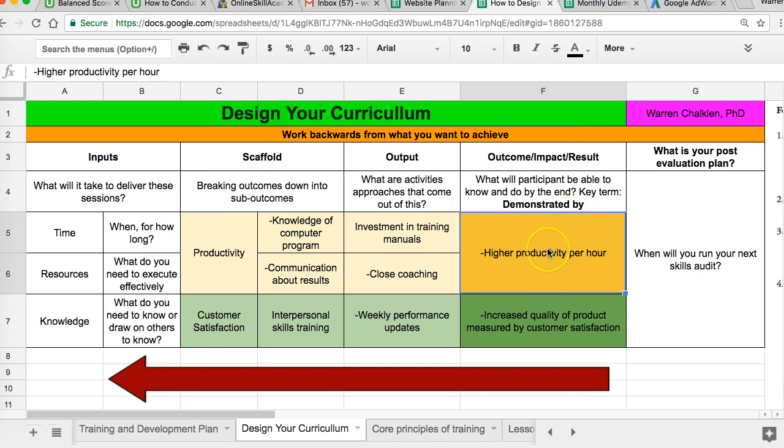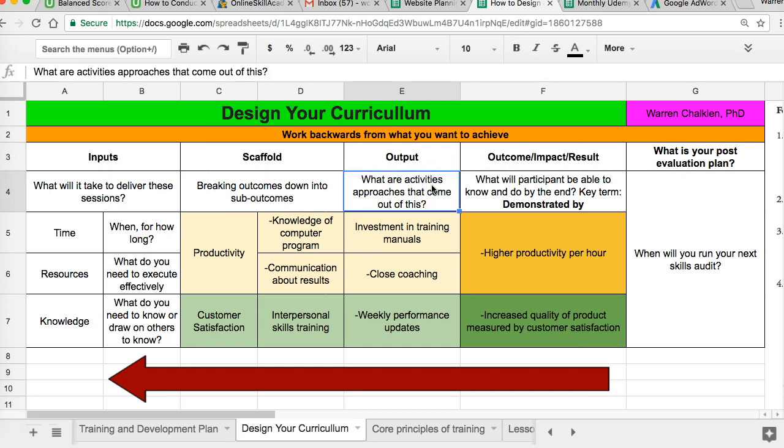So the question I gave as an example is, let's say we're designing a course or a particular session that has these two outcomes: higher productivity per hour and quality of product measured by customer satisfaction. The next thing we have is an output. So we have an outcome and an output.